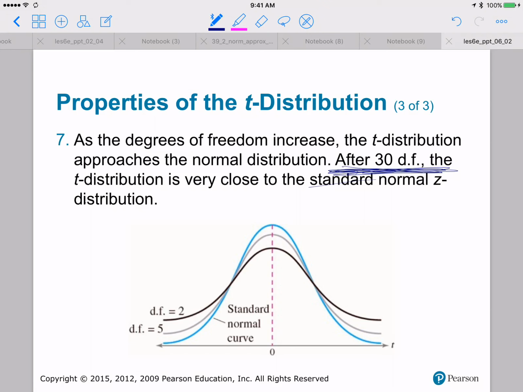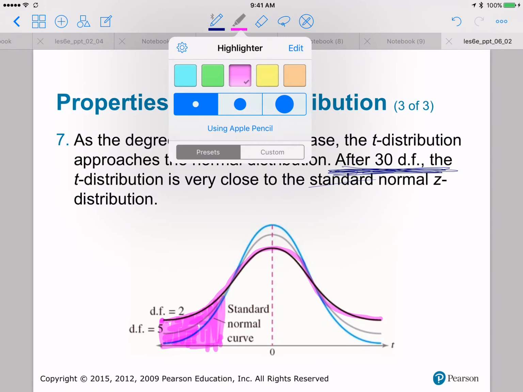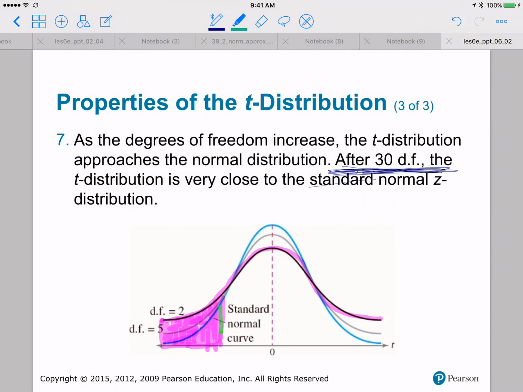So this shows the degrees of freedom equal to 2. You can see this is the curve in black, and you can see that the tails are very thick, right, compared to the tail for the normal distribution. So here's the tail for the normal distribution. So it is very thin compared to the tail for the t-distribution when the degrees of freedom equals 2.